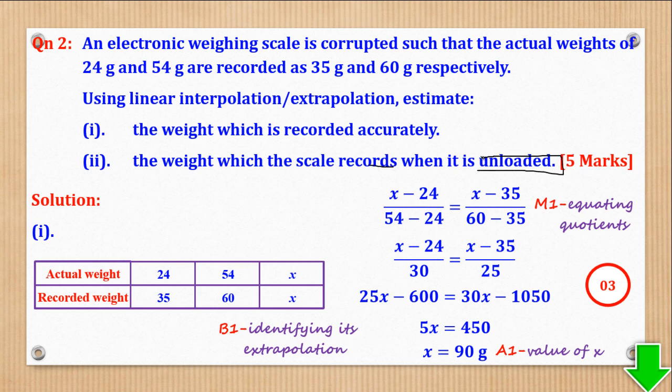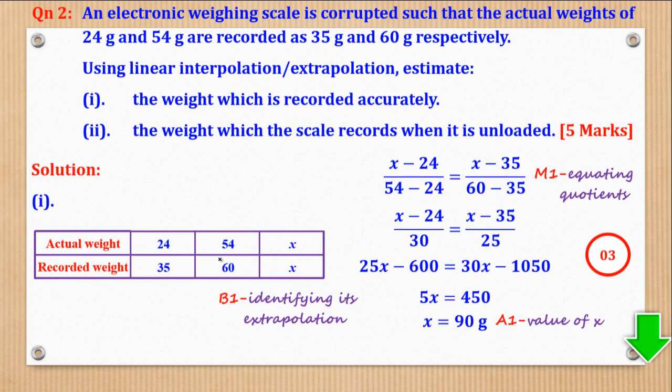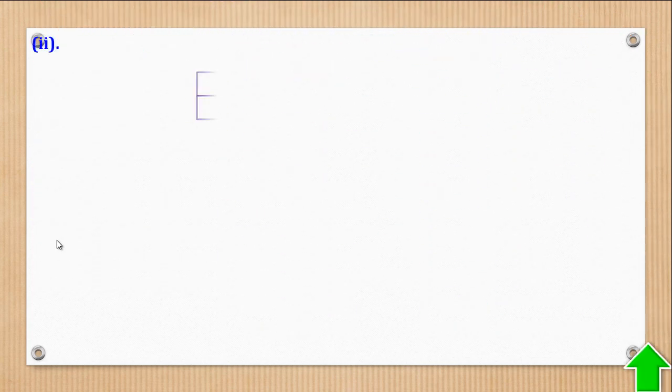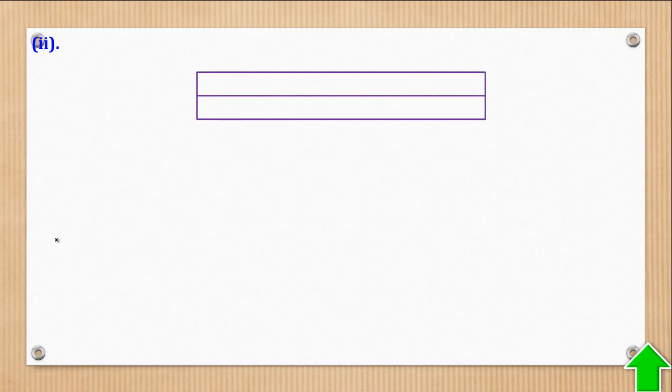When unloaded means the actual weight is 0. So you come here and still do our tabulation. It is advisable that you always tabulate by extracting out the necessary values.